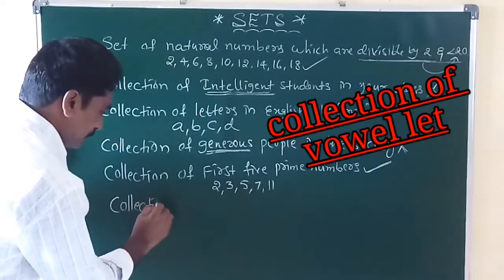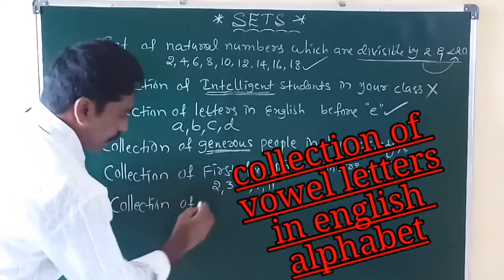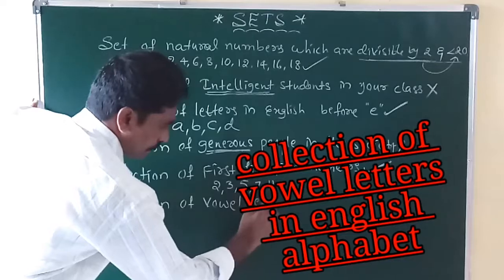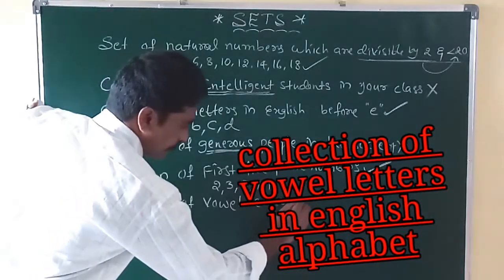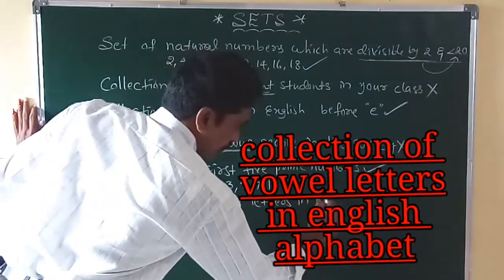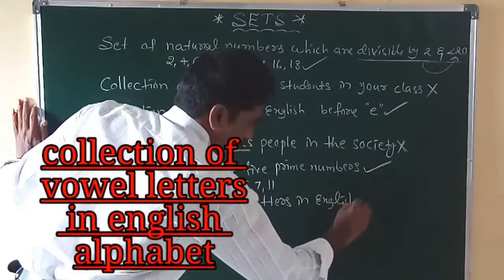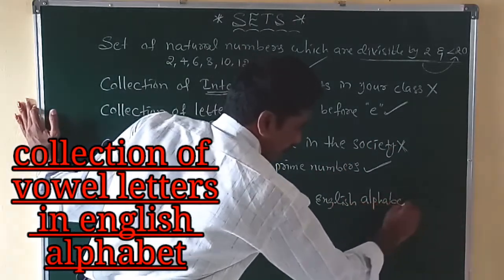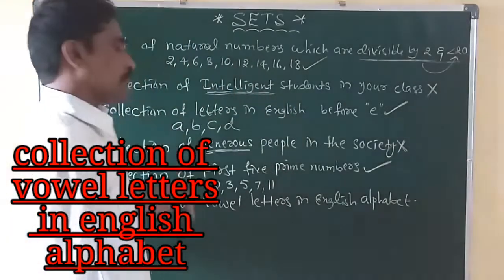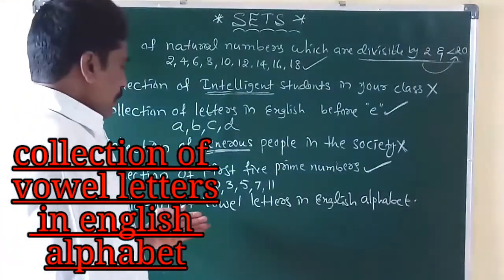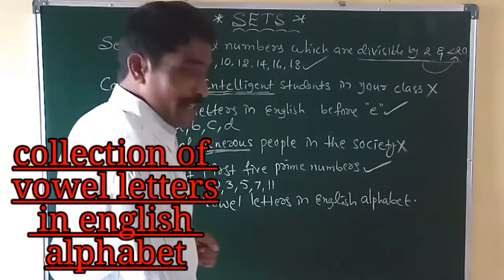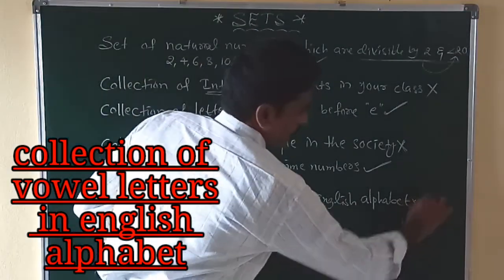Collection of vowel letters in the English alphabet. Is this collection a well-defined collection of objects? Yes, it is.